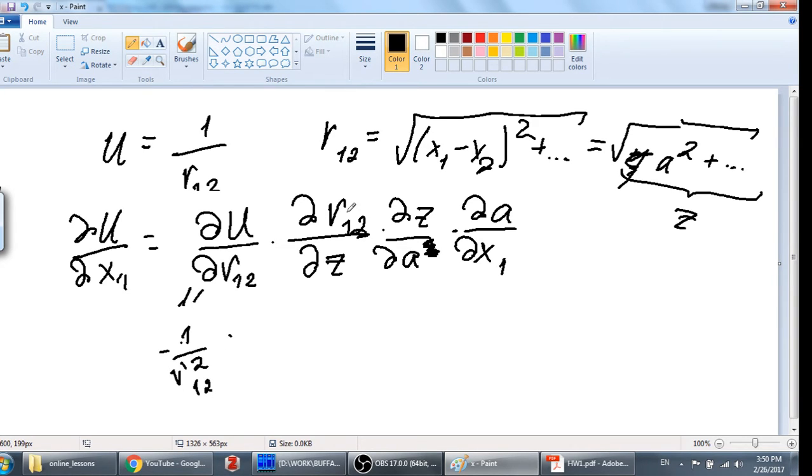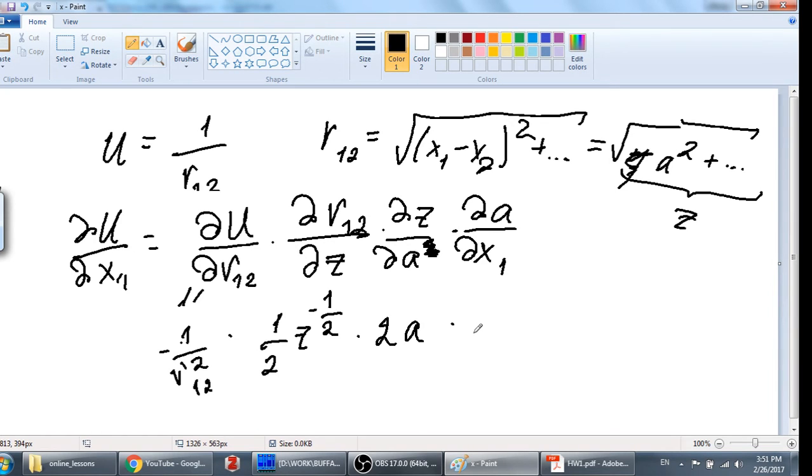Now r12 in terms of z is z to the 1/2, so that gives you 1/2 and then z to the minus 1/2. Now z in terms of a is a squared plus a constant, so this derivative will be 2a. And then a in terms of x1 is x1 minus x2 squared.